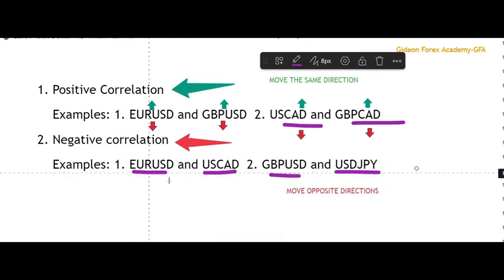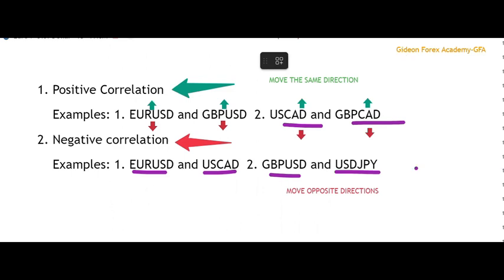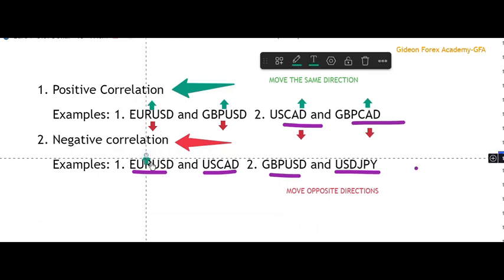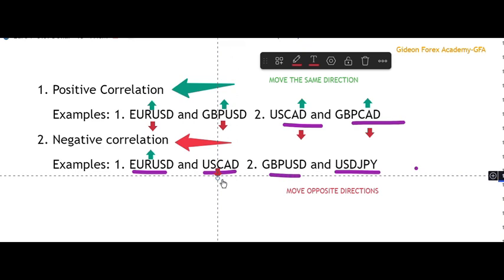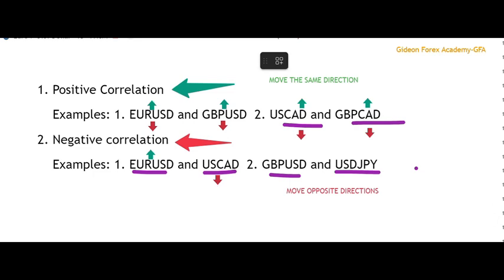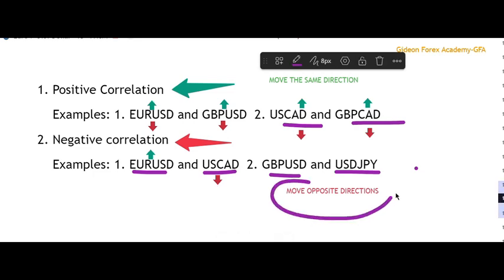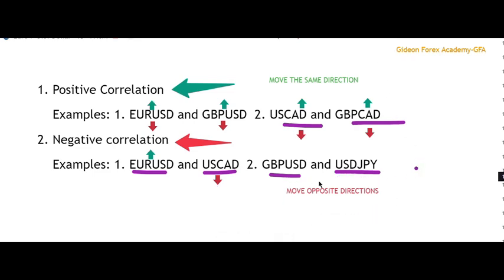These ones have a negative correlation, which means, for example, if the EUR/USD is bullish, it means the USD/CAD is bearish, okay? They move in the opposite direction, so those have a negative correlation, all right?